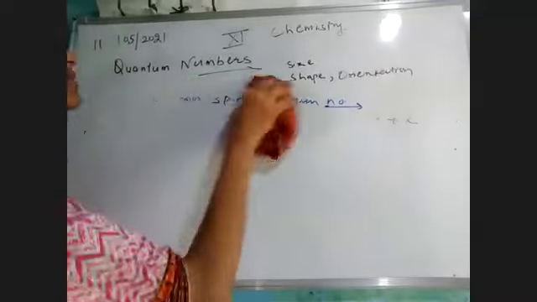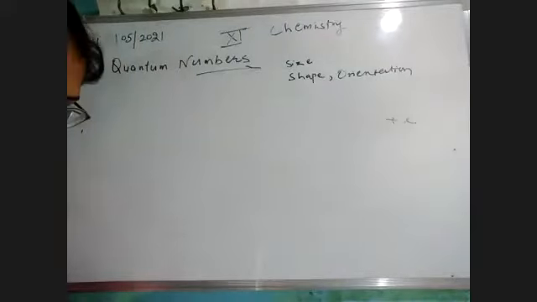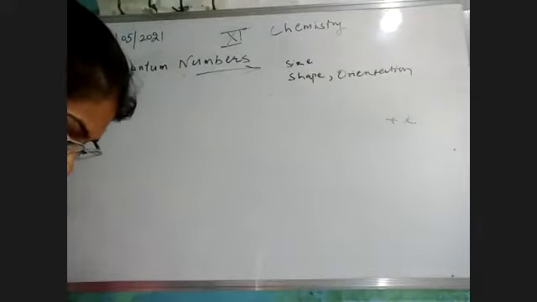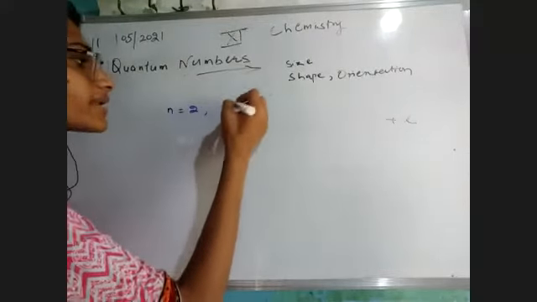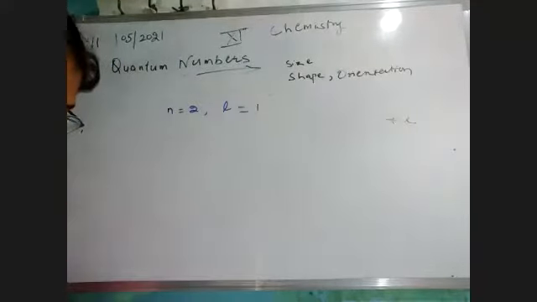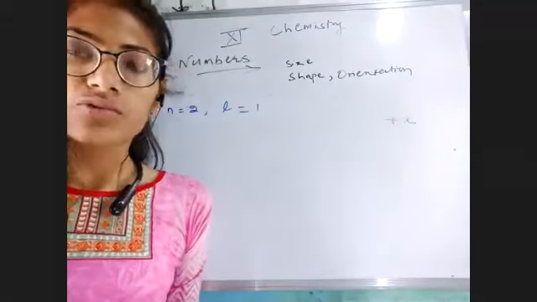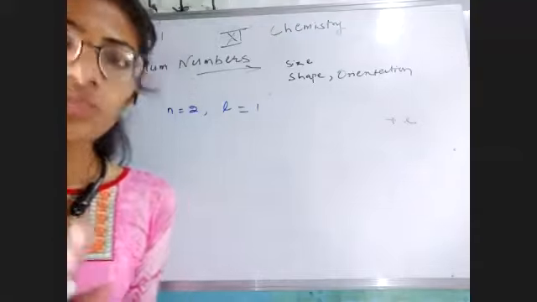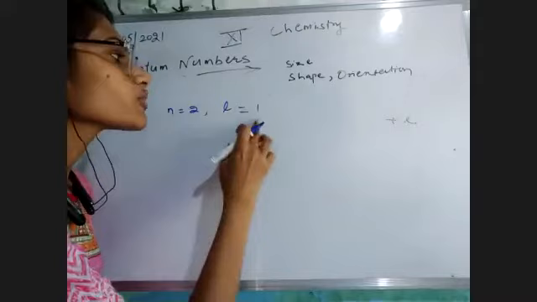So let's see how it is possible. It has given n equals 2 and l equals 1, and you have to tell which orbital this would represent. Class, this is super important. You must tell me how it is possible. n equals 2, l equals 1.